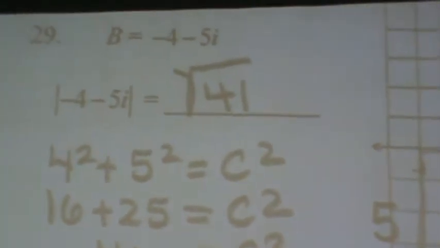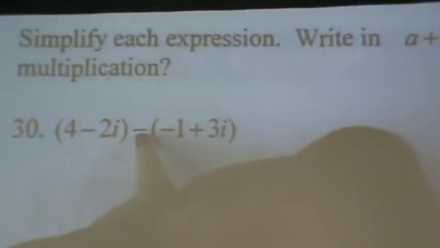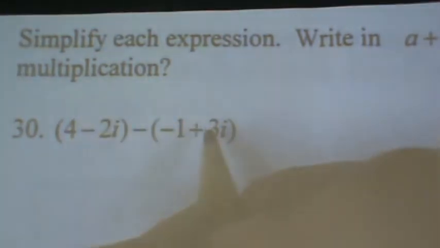Okay. Last page. Now, I'm going to tell you this. Your test, 26, 27, 28, 29, is going to look very close to this. All I did was change these numbers around. All right, what is this asking you to do right here? Subtract, not distribute.